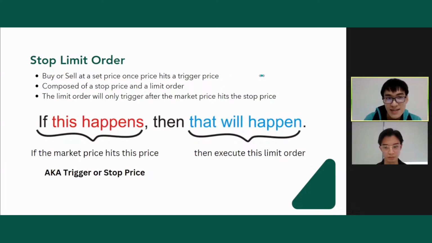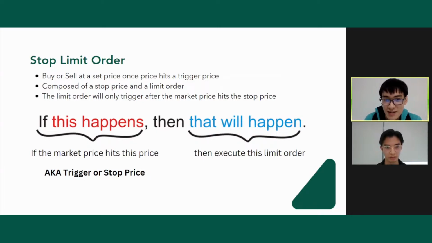So, next is the stop limit order. This order, medyo mas complicated naman to. Basically, it's a buy or sell at a set price once price hits a trigger price. So, basically, para siyang if and then statement. How it works is, if the market price hits this price, that's what we call the trigger or the stop price, then it will execute this limit order.